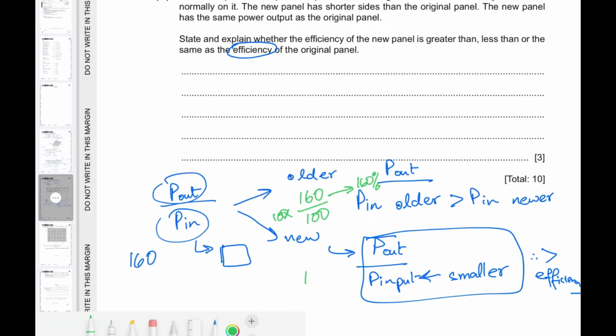Whereas if you were to reduce the size of the solar panel, therefore reducing the power input, this could be any number. I'm going to use 10 just for the sake of simplifying it, and this would lead to a higher efficiency value. So there you have it.